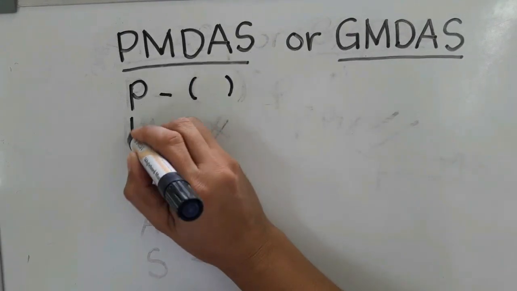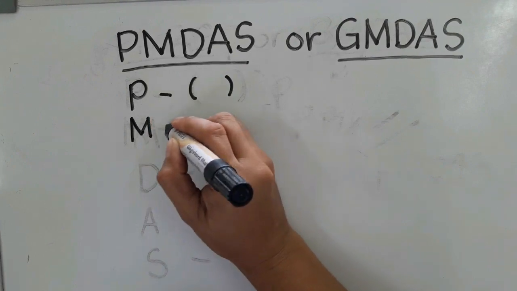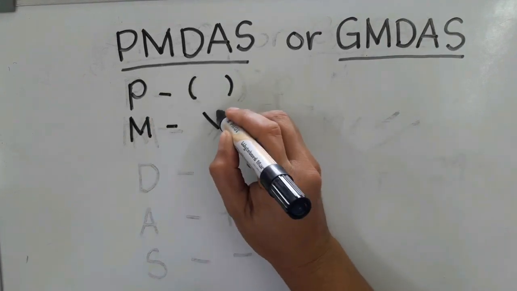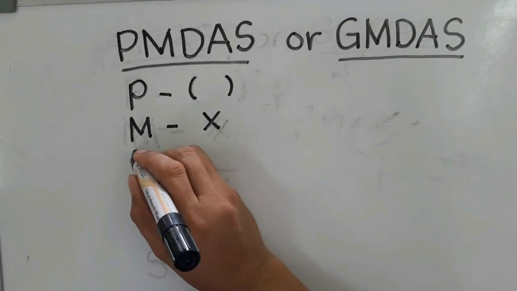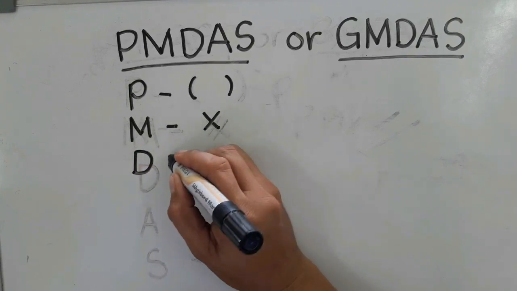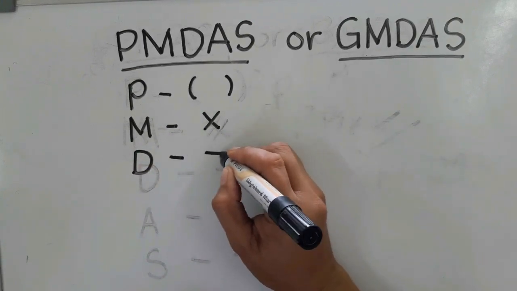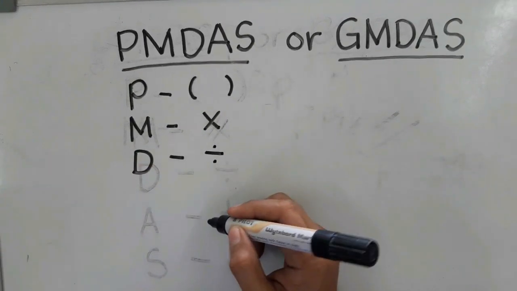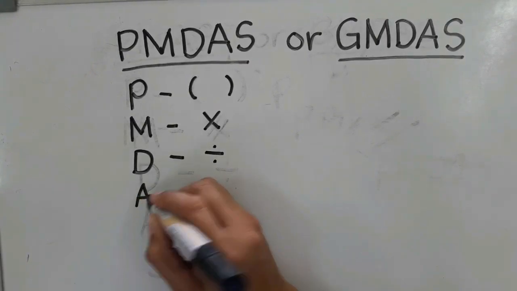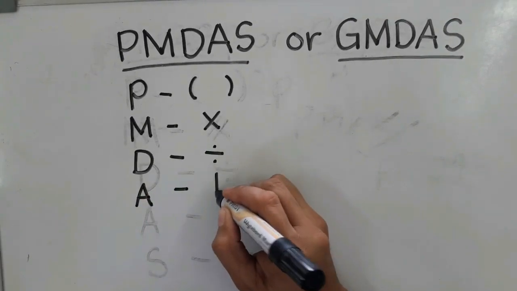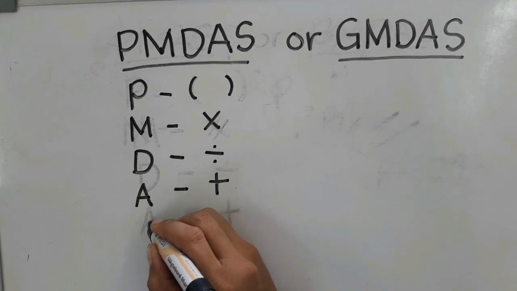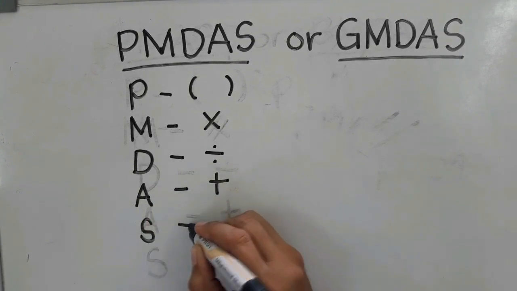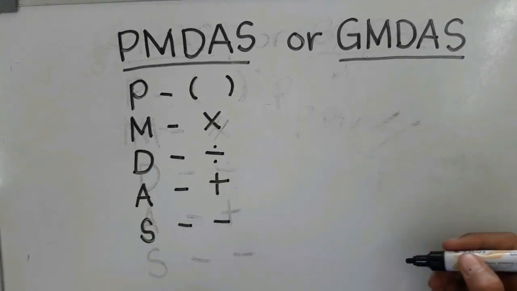M stands for multiplication. D stands for division. A stands for addition. And S stands for subtraction.